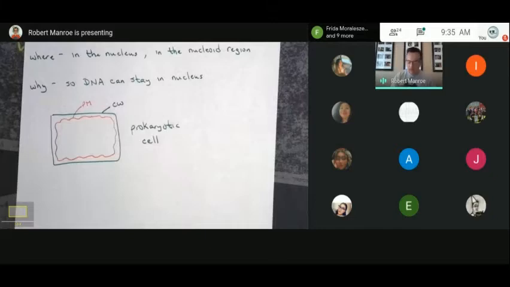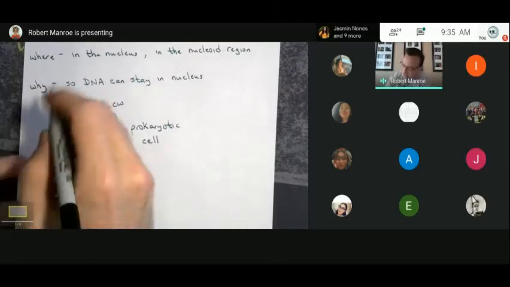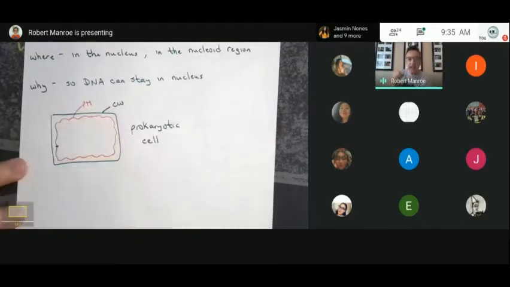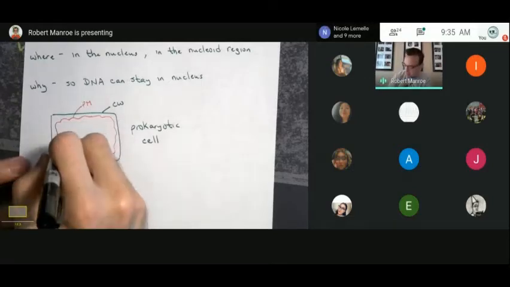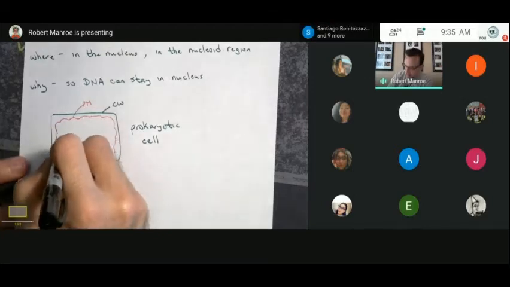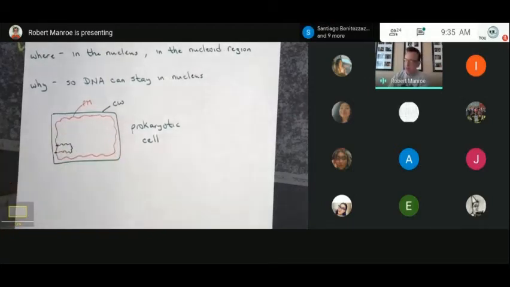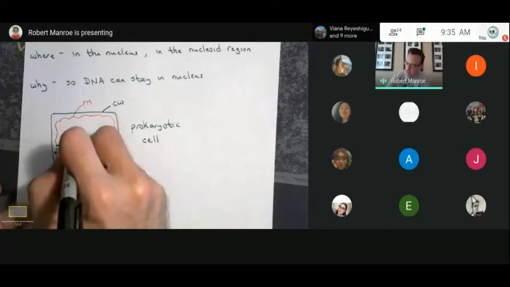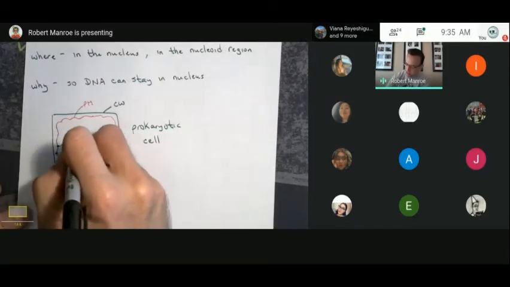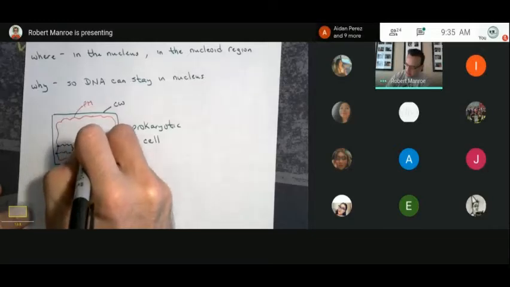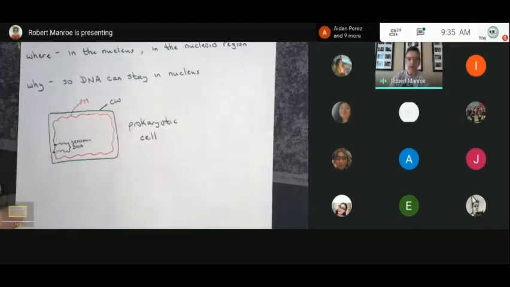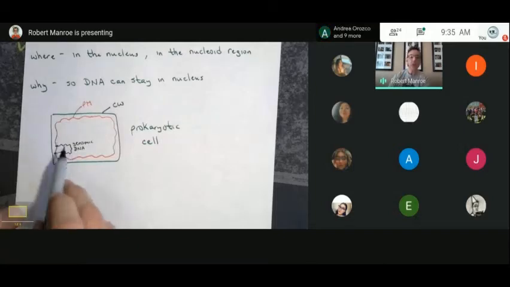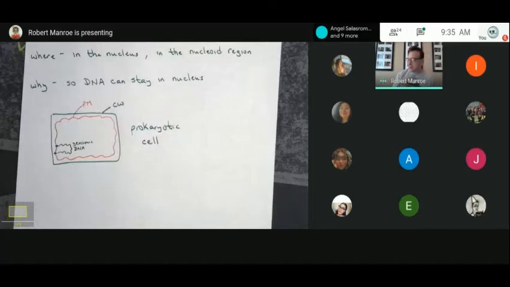And now what bacteria do is they anchor their DNA, they literally plug it, embed it into the plasma membrane, and then they'll have this loop, and then they'll attach the other end to the plasma membrane. And so this is what is called genomic DNA, and this is then considered the nucleoid region, of course, because prokaryotes don't have a nucleus. So that's what we're talking about back up here.